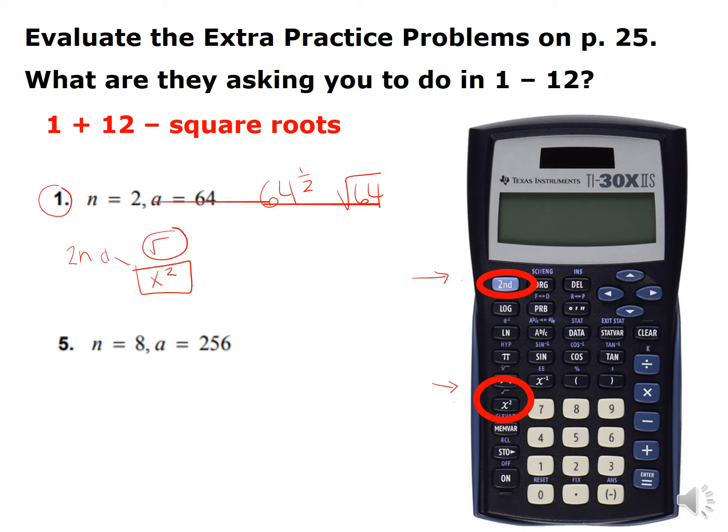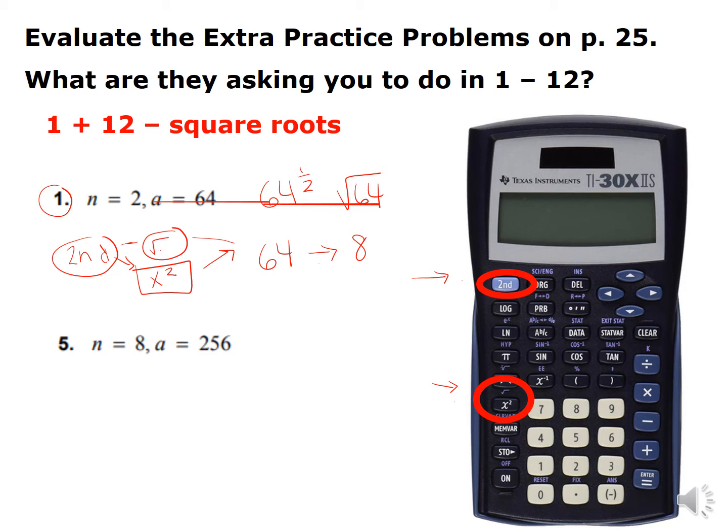So you hit this key, and then you hit 64, and that will give you the answer of 8. Okay, so it's saying the second square root of 64 is 8, or the square root of 64 is 8. This is just telling it to take the instructions from the upper instruction.